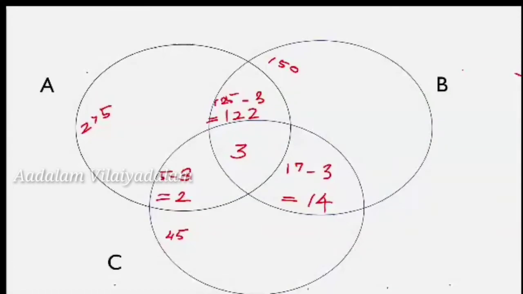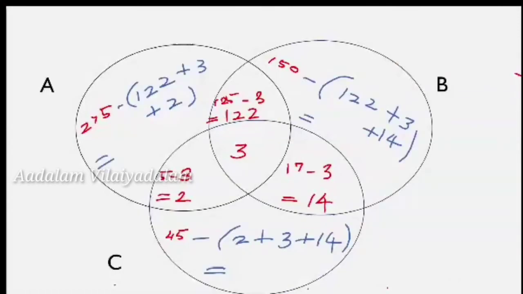Now let's find the first subdivision: the number of families who buy only one newspaper. Here we need to find the value of the circle, that is, how many families read only Tamil newspaper. That's what we are finding here. 275 is given as the total.